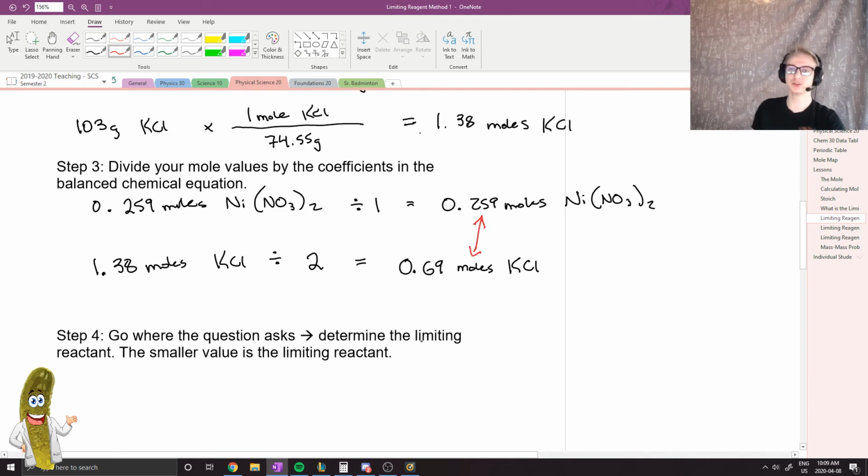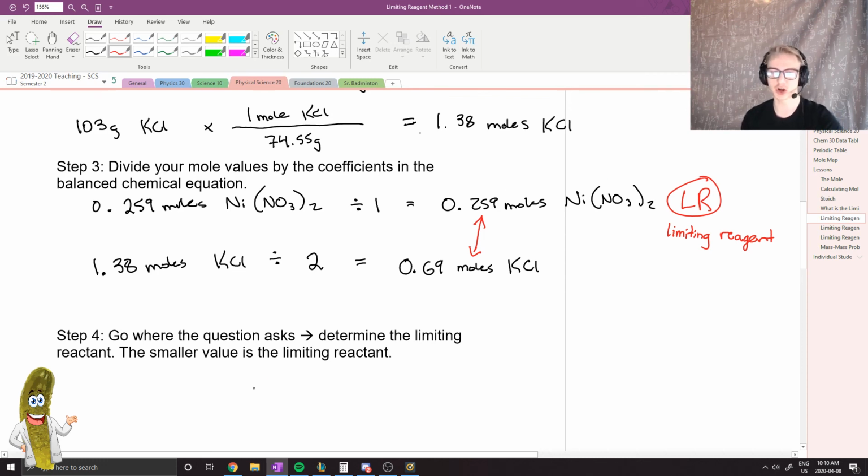Now what you want to do is directly compare these two molar values, and whatever number is smaller will be the limiting reactant. I'm putting LR beside it, for limiting reagent, because that's usually how I would identify which of these two compounds was the limiting reagent. Now the next step would be to take the limiting reagent.